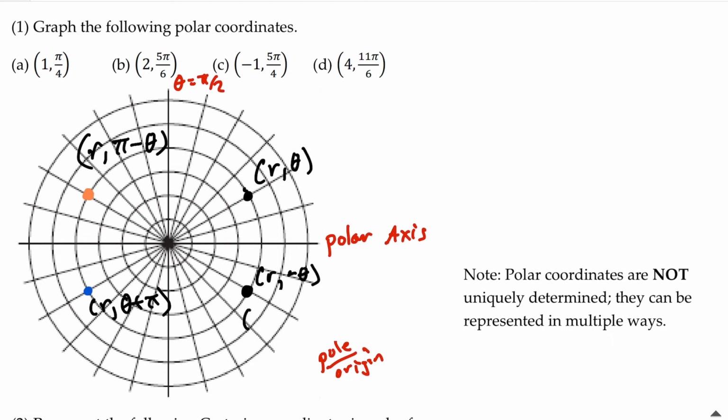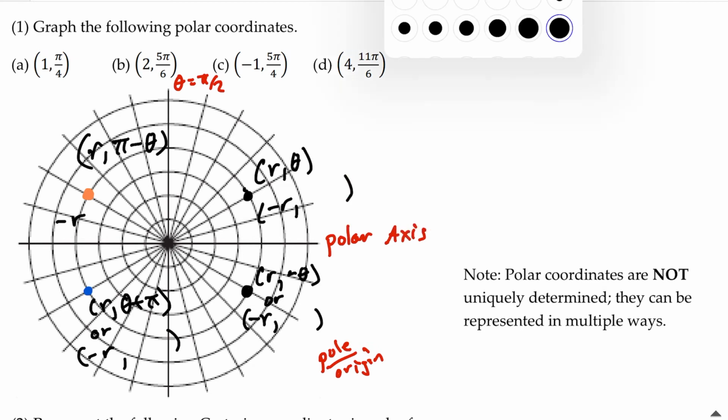But we could also use negative r. In other words, we could measure in reverse to get the same location. And this is going to matter in terms of symmetries. So we'll have negative r for each of these.